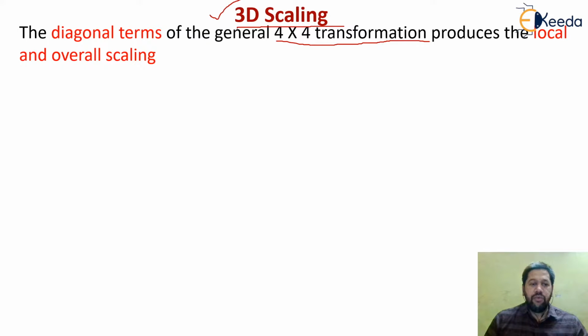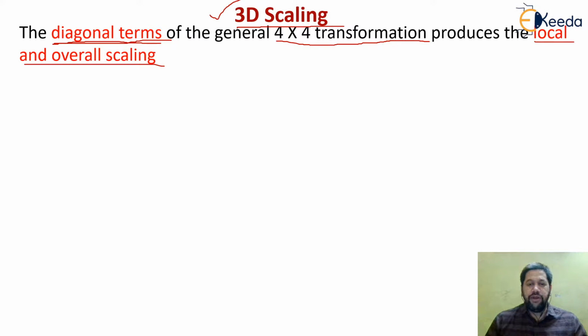Now we are considering only the diagonal terms of this 4x4 transformation matrix. The diagonal terms of the general 4x4 transformation matrix produce the local scaling as well as the overall scaling.